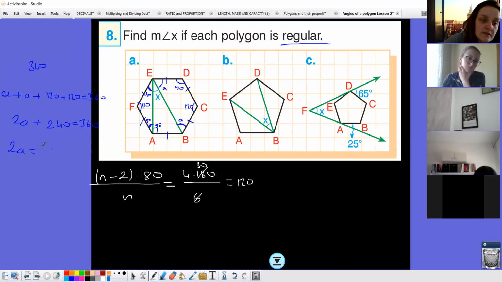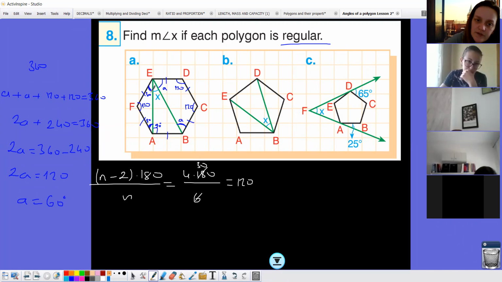Then 2A is equal to 360 minus 240. 2A is equal to 120. And then A is equal to 60. So this part is 60.